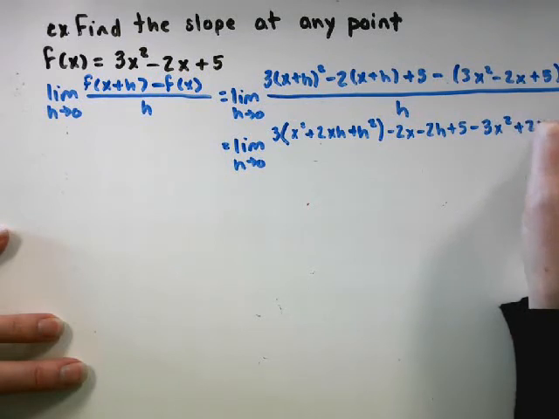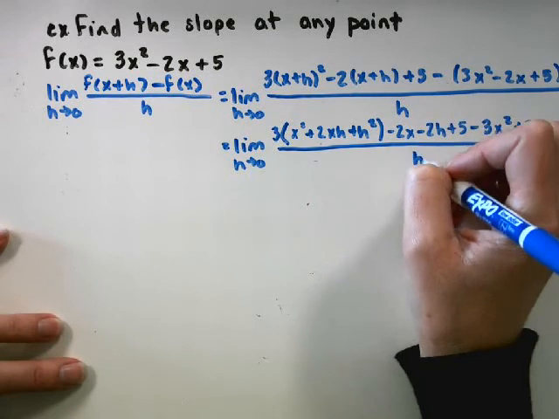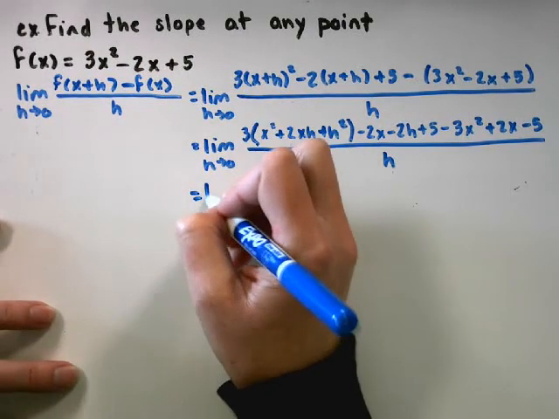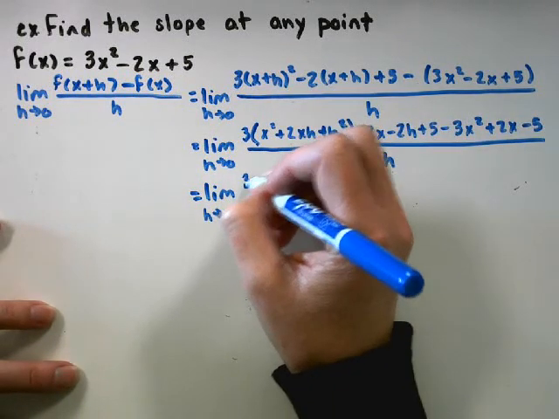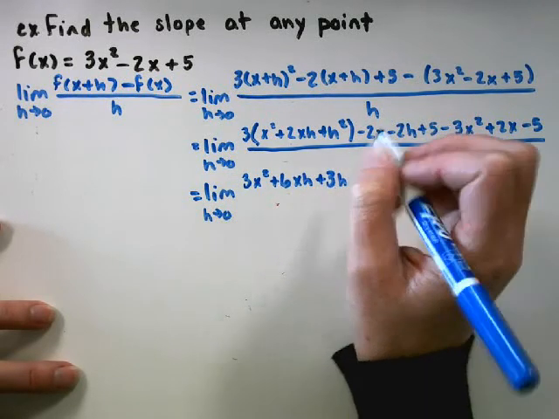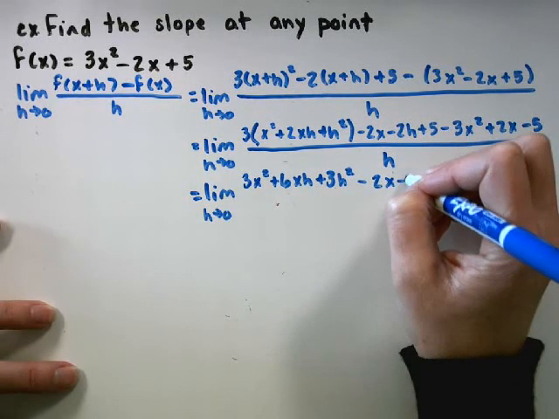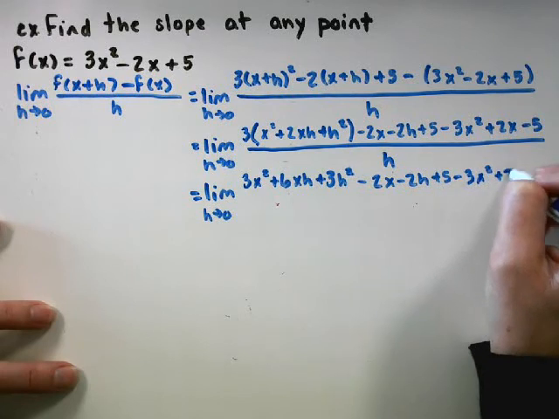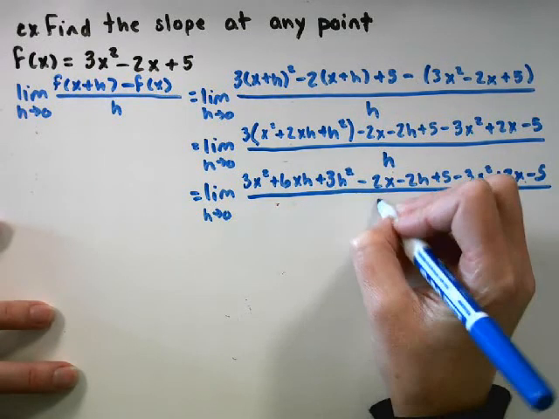And you can start canceling stuff if you want to, but I'm going to wait to do it all in one step. So then I distribute the 3. So we have 3x squared plus 6xh plus 3h squared minus 2x minus 2h plus 5 minus 3x squared plus 2x minus 5. Then we do the canceling. So 3x squared and 3x squared, 2x, 2x, 5, 5.